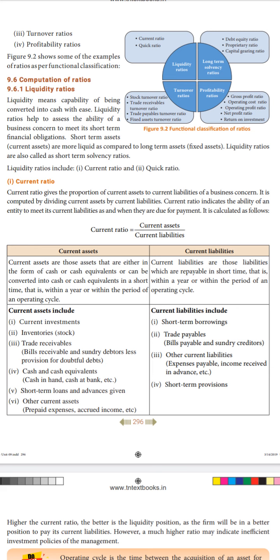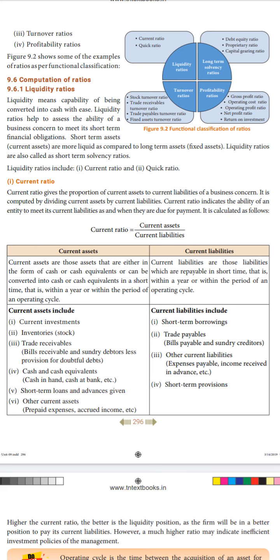The first one, what I said, is liquidity ratio. In liquidity ratio we have two categories, current ratio and quick ratio. In the second category, that is long term solvency ratio, we have debt equity ratio, proprietary ratio, and capital gearing ratio.